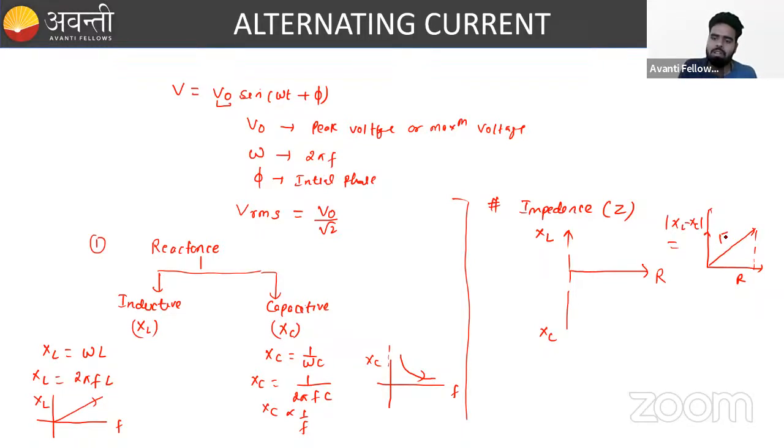This is our Z, right? So Z is written here as the square root of R square plus (XL minus XC) whole square.